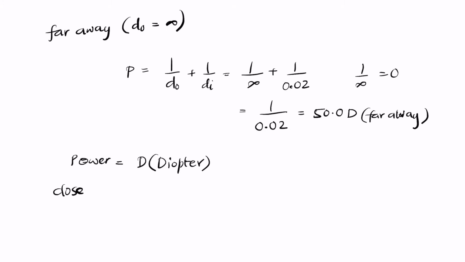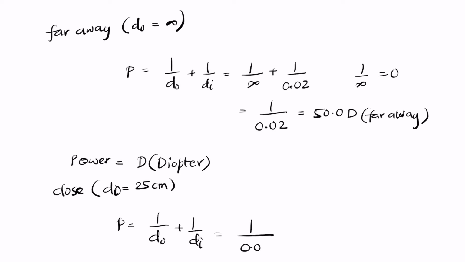When the object is really close, remember that the minimum distance is 25 centimeters. So if you have an object that is 25 centimeters from your eye, that is 1 by d naught plus 1 by di, that is 1 by 0.25 plus 1 by 0.02. That gives you a value of 4 plus 50.